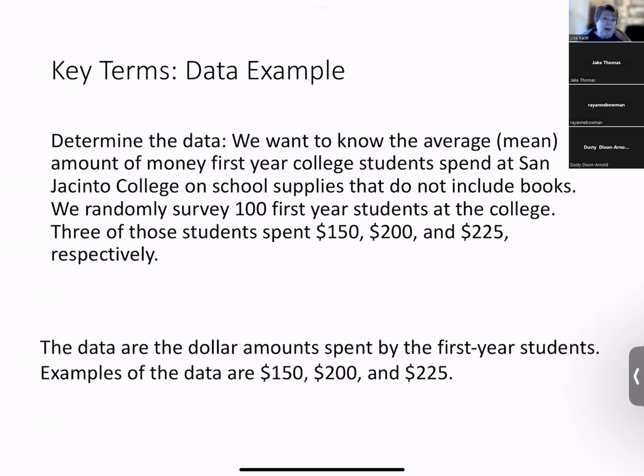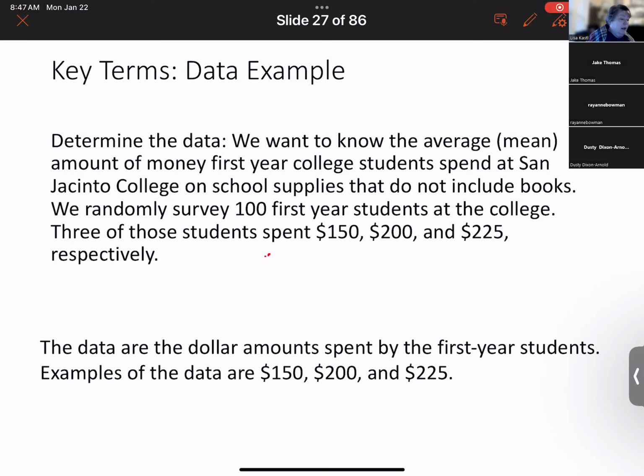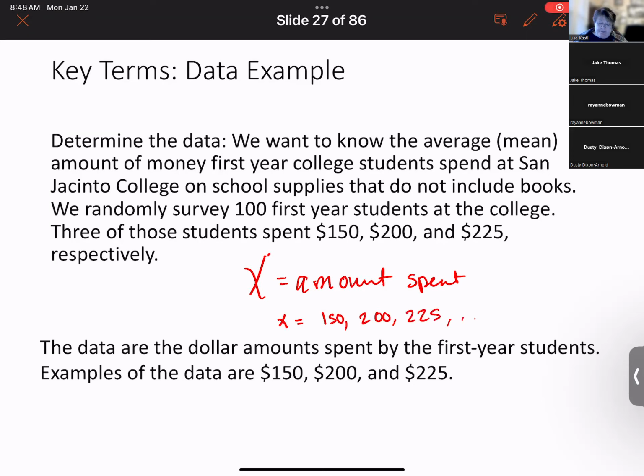So that's the actual data. So if we let capital X be the amount spent, which is typically the way we do this, then little x would take on the values 150, 200, 225, etc. I don't know what the other 97 values are, but that's typically the way we write this.